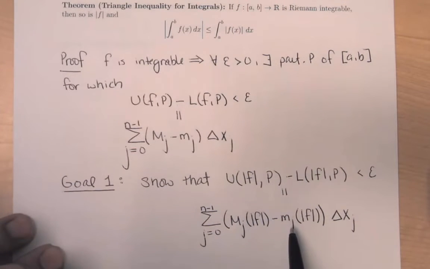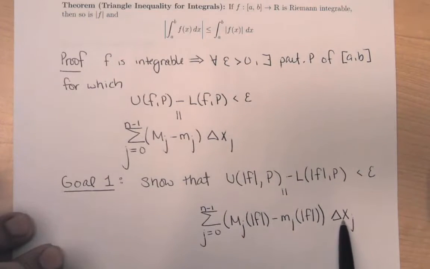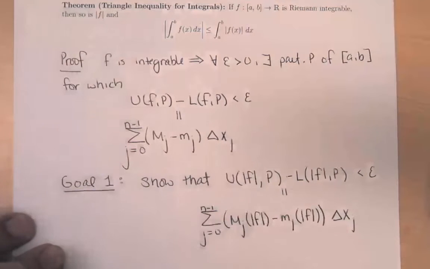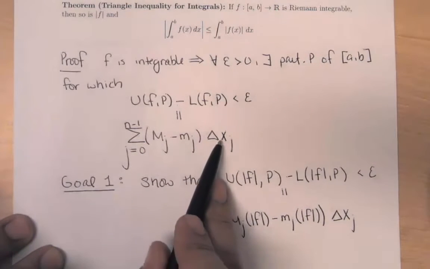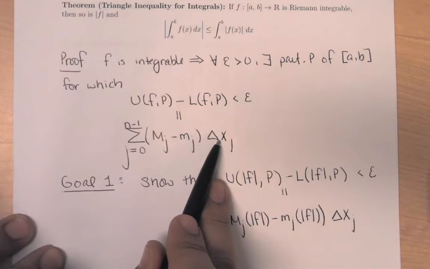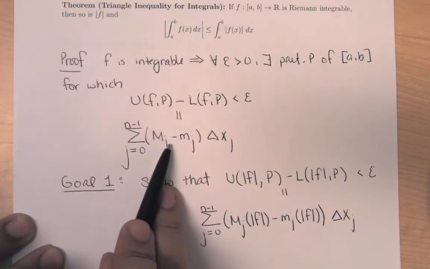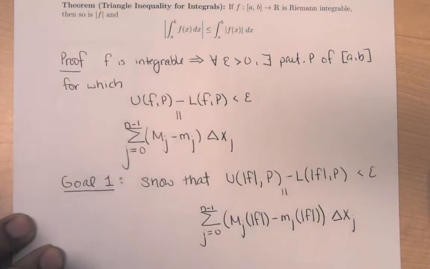Now, if we can show that this summation is less than this summation, which we know is less than epsilon, we're done. And if I look at the summation, each term has a common number in the product, right? Each term is a product, and the delta xj are both positive numbers and the same. So really what I need to show is for each j, this is greater than this, right?